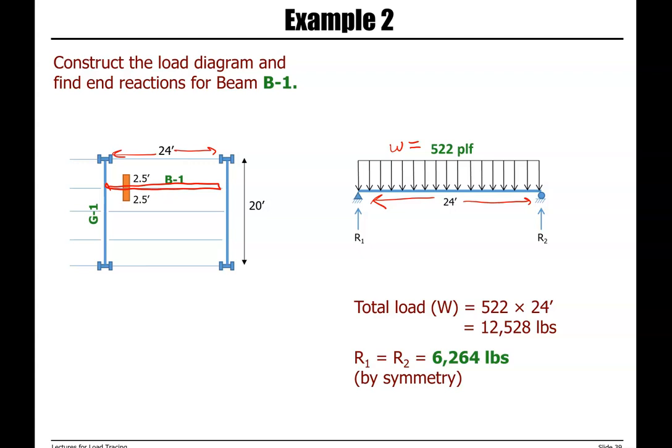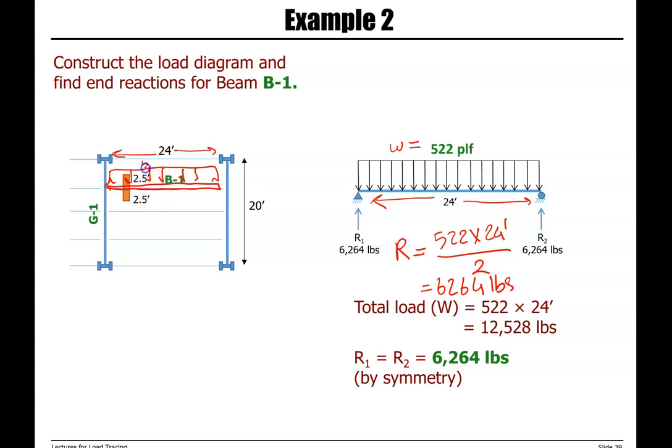Again, we have a simply supported beam, a symmetric system, so we can calculate the reactions as load times length divided by 2. Each reaction is equal to 6,264 pounds. So we calculated the load here as 522 PLF and the reactions, each one 6,264.